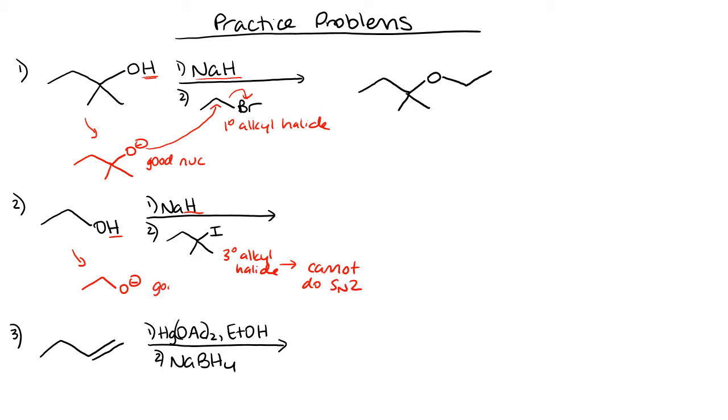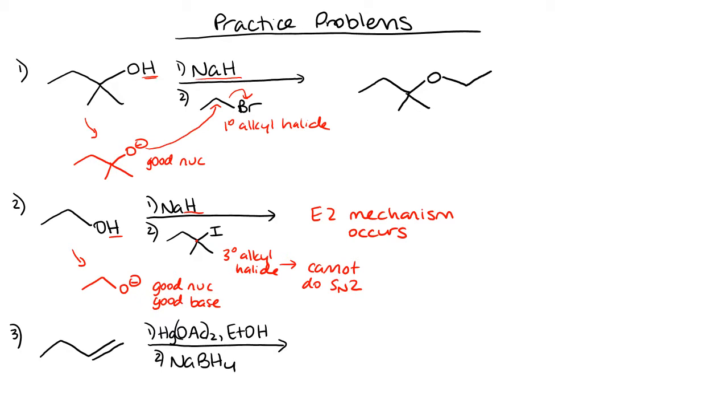So we have a good nuke, which is also a good base. So in this case, these reagents are not good for a Williamson ether synthesis. We're actually going to have an E2 mechanism occur. It is too sterically hindered for our nucleophile to attack this carbon and kick off the leaving group.